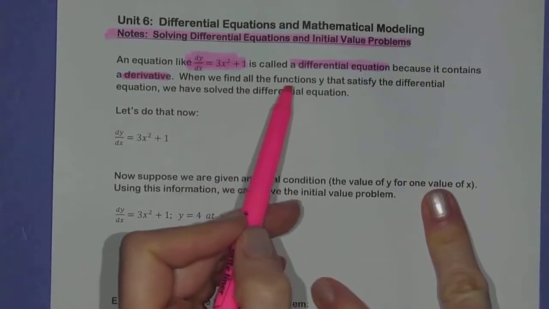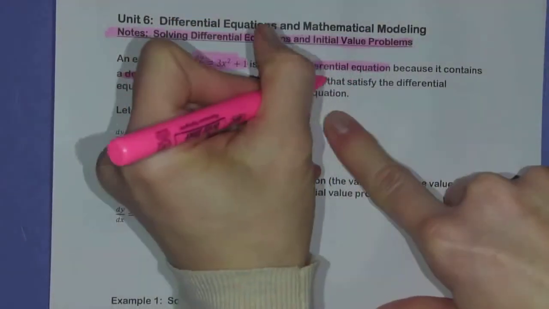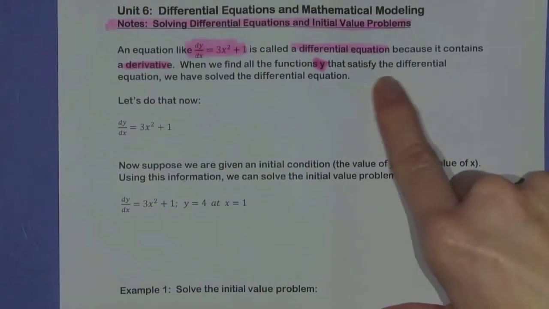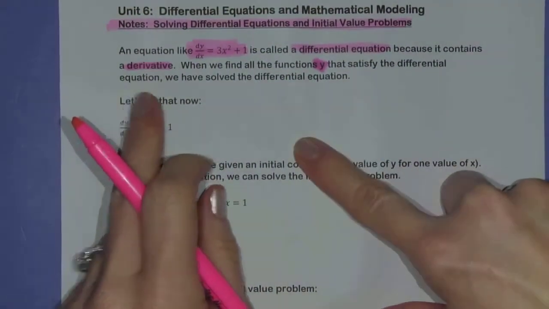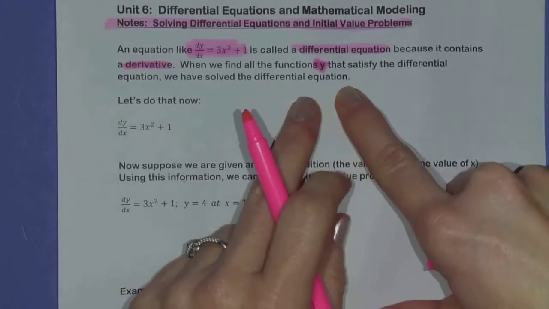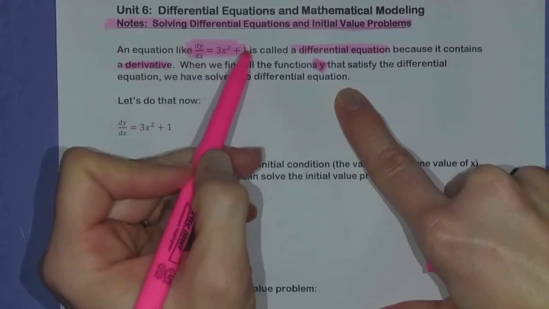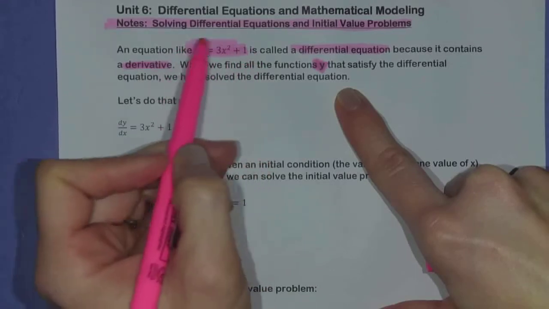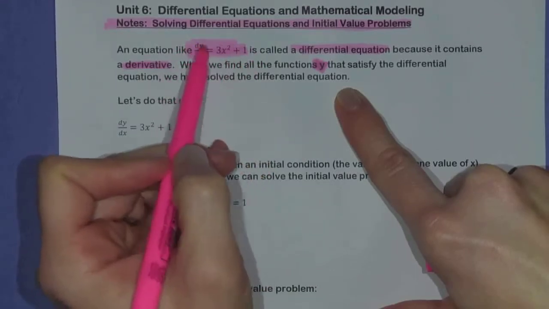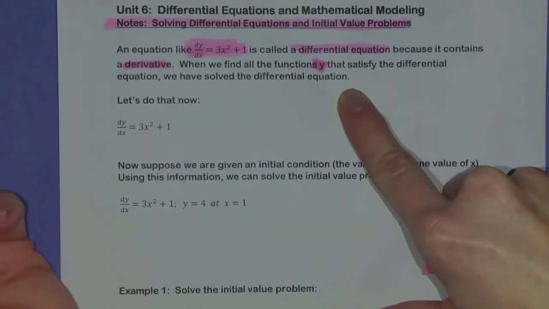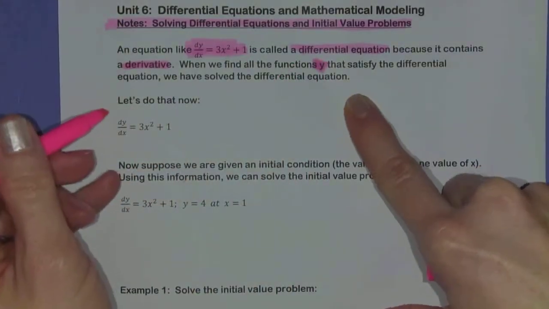When we find all the functions y, so when we solve a differential equation for y that satisfy the differential equation, we have solved the differential equation. So in other words, anytime you're presented with a derivative, dy/dx equals something, and you solve it back for y, you're solving a differential equation. So let's do that now.